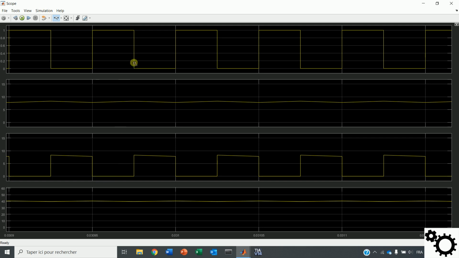When the interrupter is off, the DC voltage source is connected to the circuit thanks to the diode, because there is a positive voltage between its terminals, and the energy stored in the inductor flows through the diode. So the currents are the same. In this mode, the output voltage is equal to the input voltage divided by 1 minus the duty cycle D.